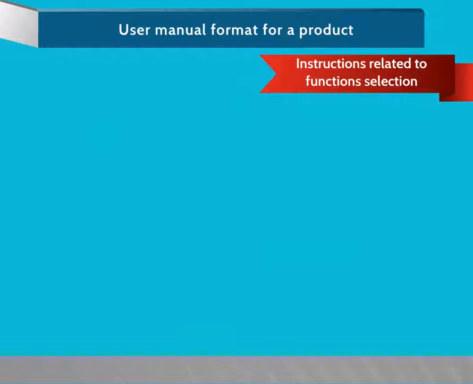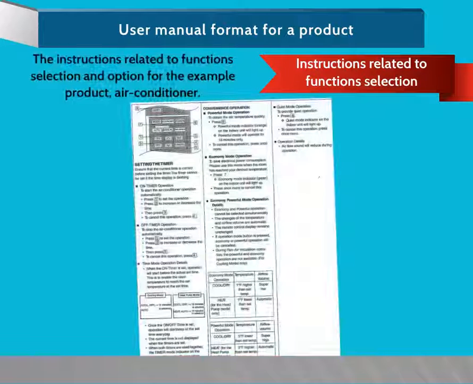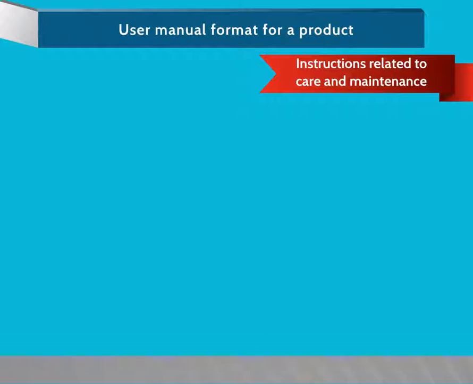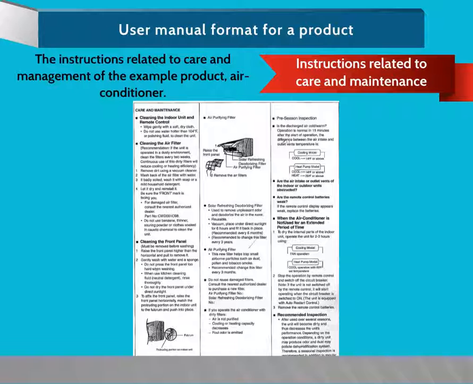Instructions related to functions selection. The instructions related to functions selection and options for the example product air conditioner. Instructions related to care and maintenance. The instructions related to care and maintenance of the example product air conditioner.